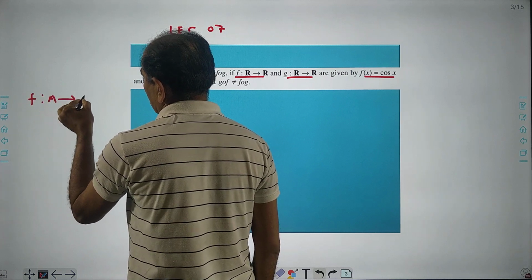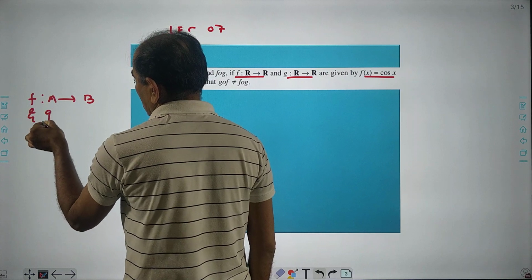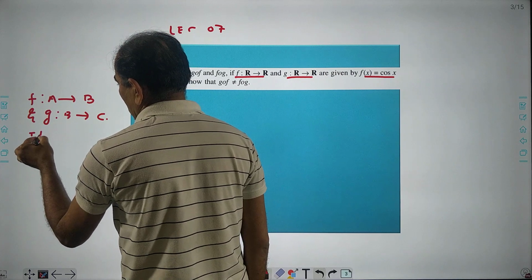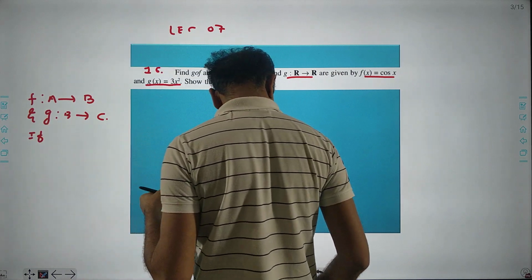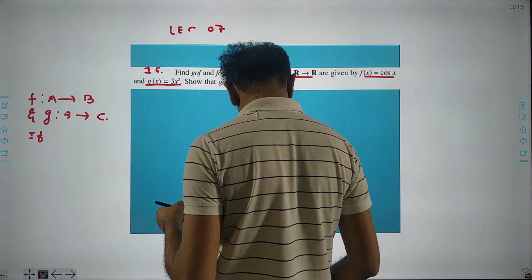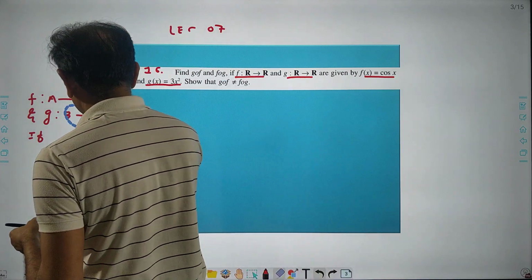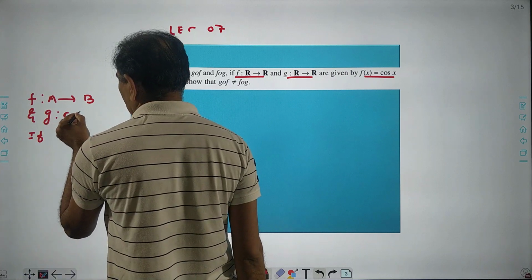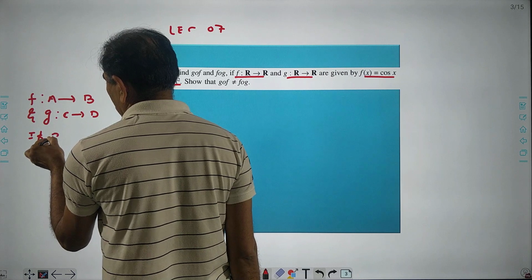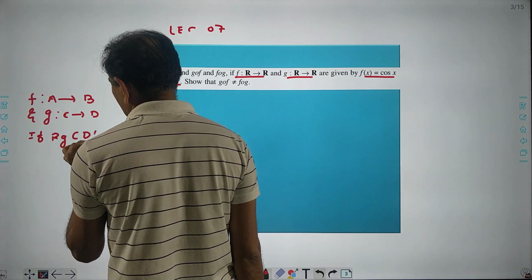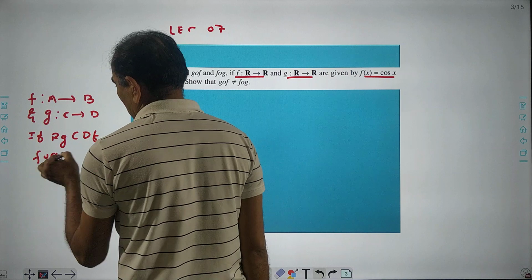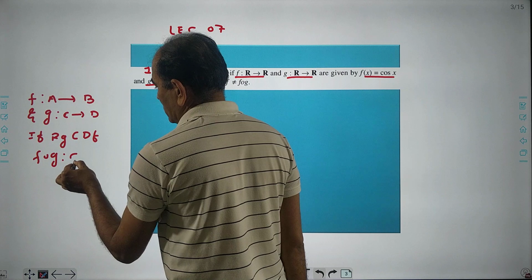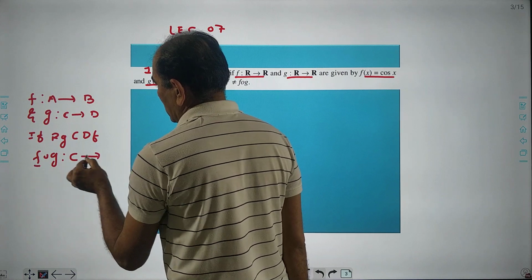If f is a function from A to B and g is a function from B to C. In general, let us define it. If the range of g is a subset of the domain of f, then f of g is defined and is a function from the domain of g to the codomain of f.